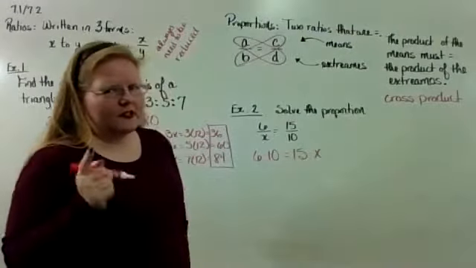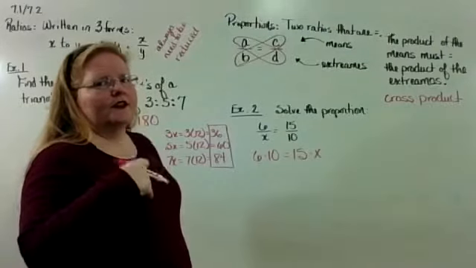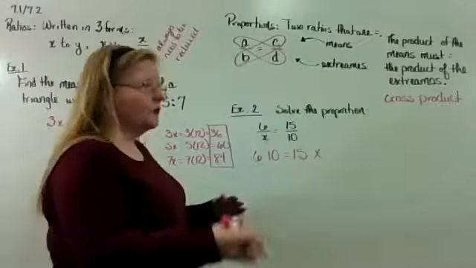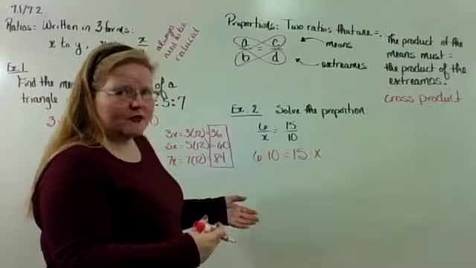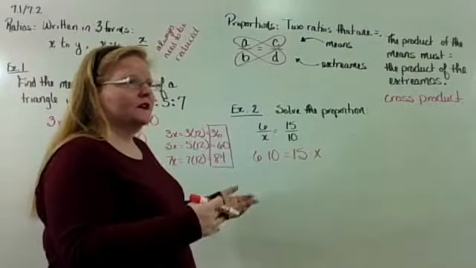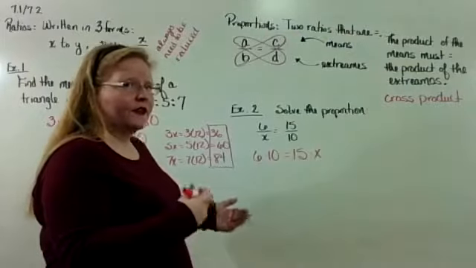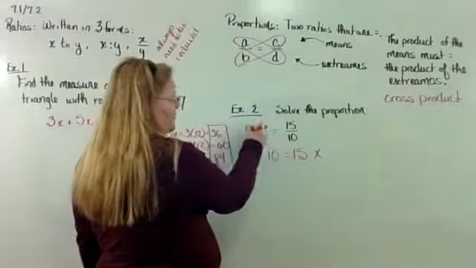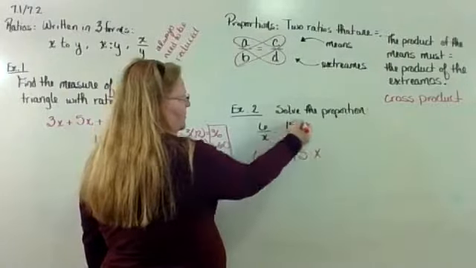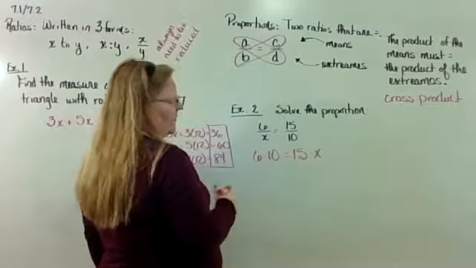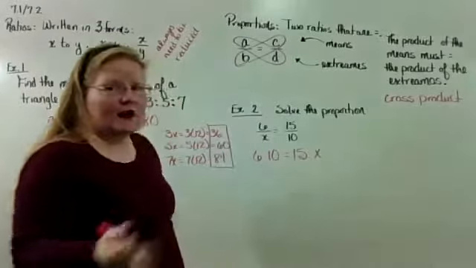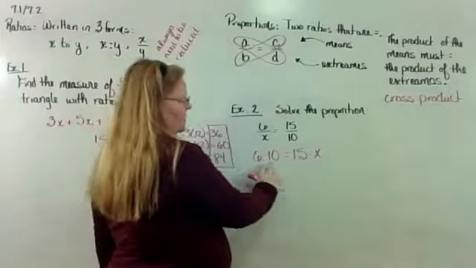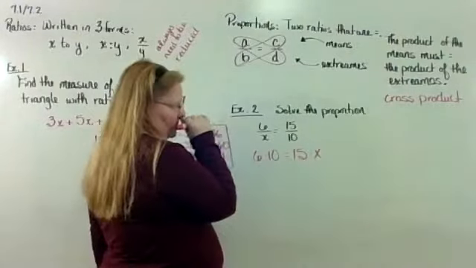And the reason she does that is because there is a trick that I used in algebra when we were trying to figure out which one was less than the other or greater than the other. And that's how you always did it. You multiplied these two and it went on this side, and you multiplied those two and it went on that side. So it's a throwback from there. I always do it. You don't have to do it that way. The truth of the matter is, as long as they're equal, it doesn't matter.